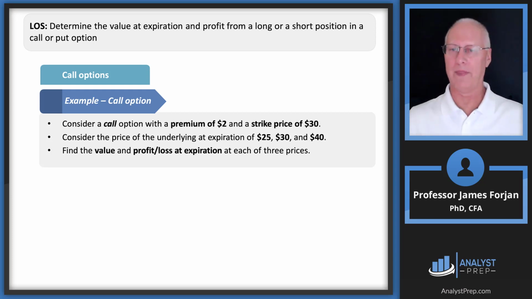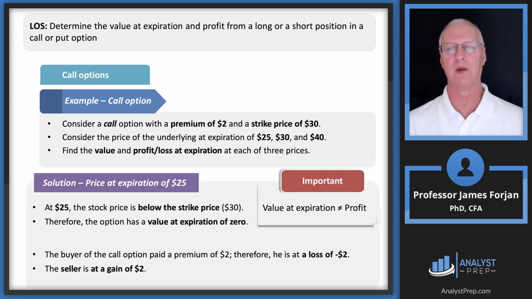We have no idea what that price is going to be when the option expires. But in order to set this in an academic environment, when I create exams, and the institute is going to have to say something like, suppose the price at expiration is, and that's what the 25, 30, and 40 is. Those are potential future stock prices. So find value and profit or loss.